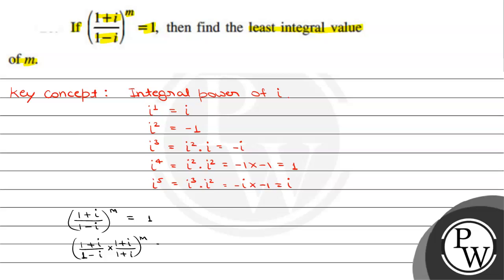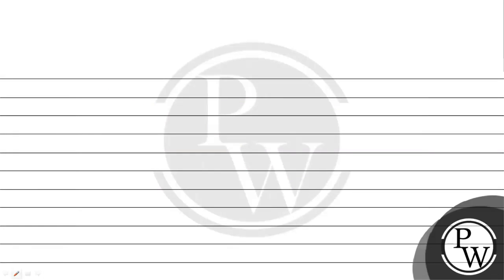Whole power m is equal to 1. Simplifying it further, 1 plus i into 1 plus i is going to be 1 plus 2i plus i square upon 1 square minus i square, whole power m, equal to 1.